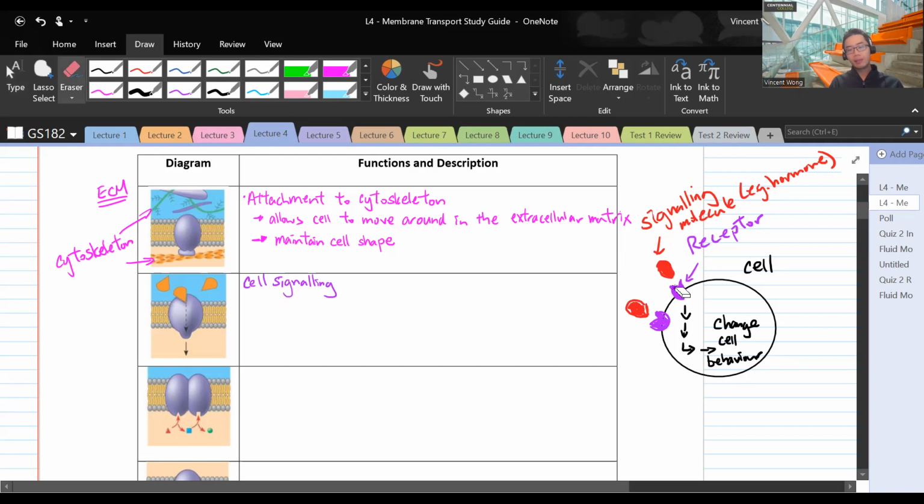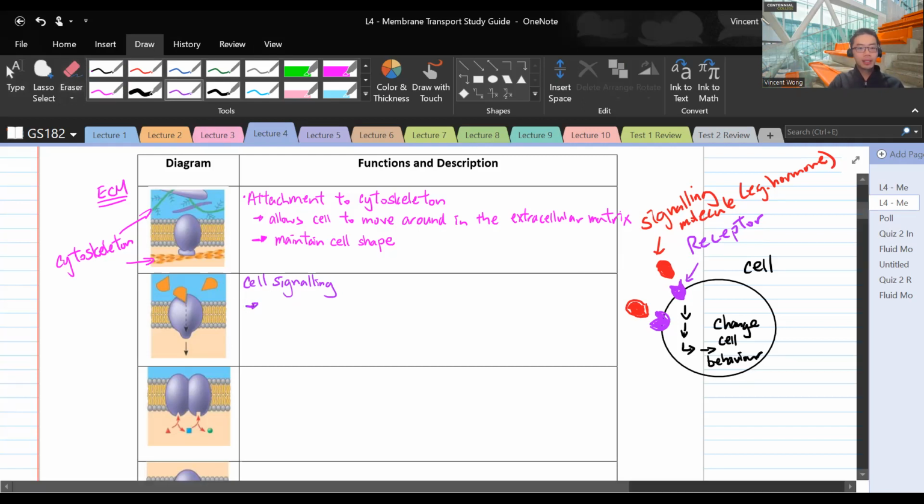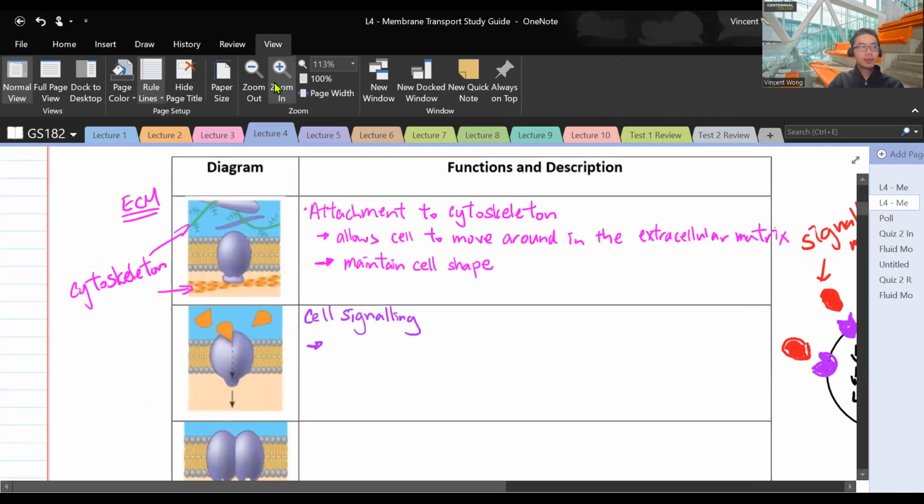So that relies on the receptor to respond to the signaling molecule, and the receptor is made up of protein. Okay, so for cell signaling, basically we can write: the protein acts as a receptor for signaling molecule.